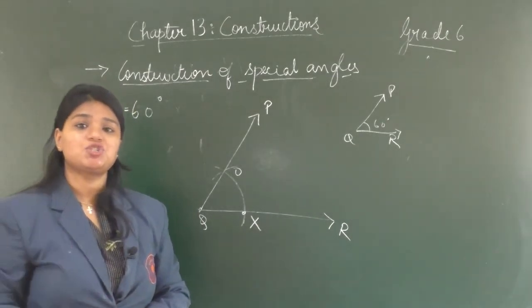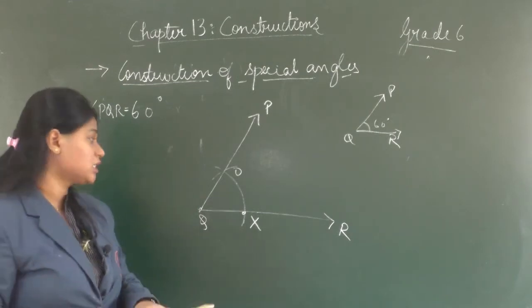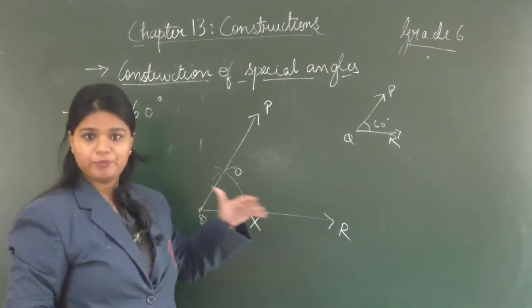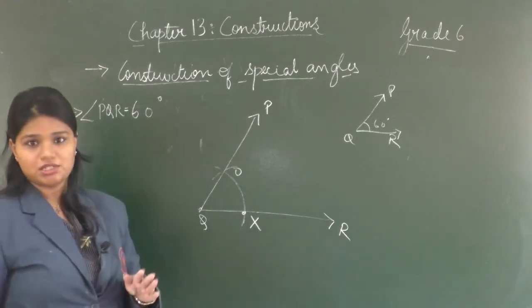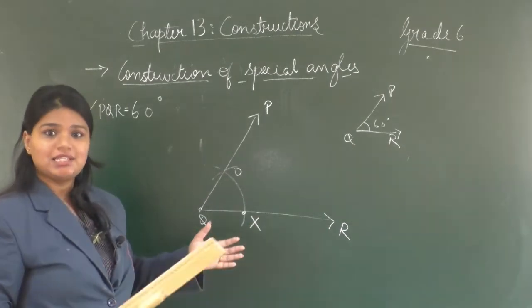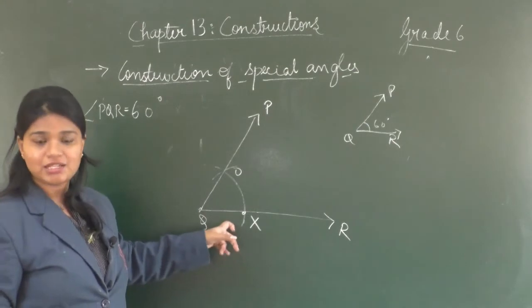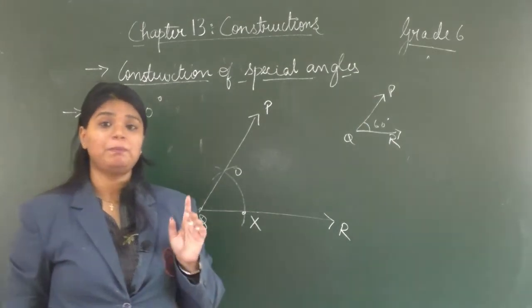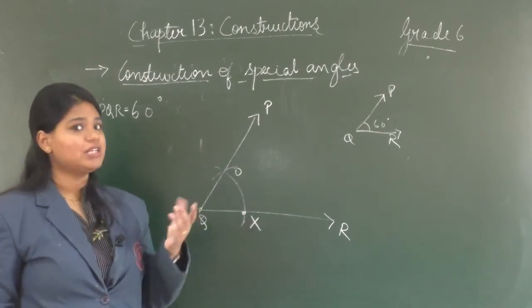So when we are constructing an angle equal to 60 degrees, there are only two steps. First, make the ray QR. Second, take the compass, open the compass up to a certain measure, mark an arc and name it with any alphabet of your wish. Here I have marked it as X. Taking the same measurement, place the needle of the compass on point X and cut the previously drawn arc.